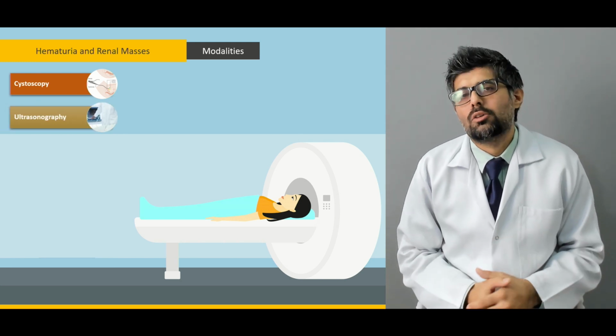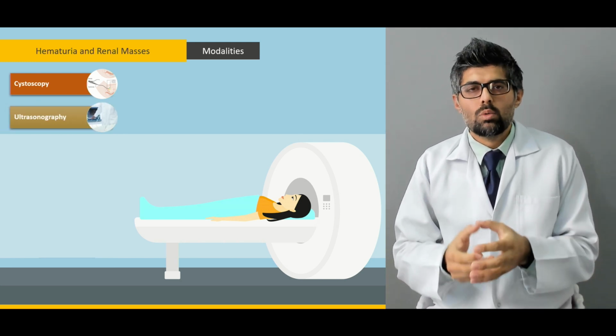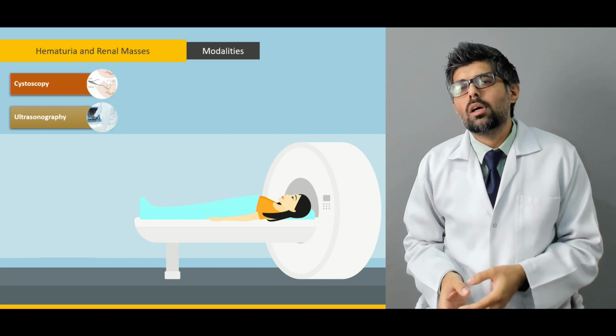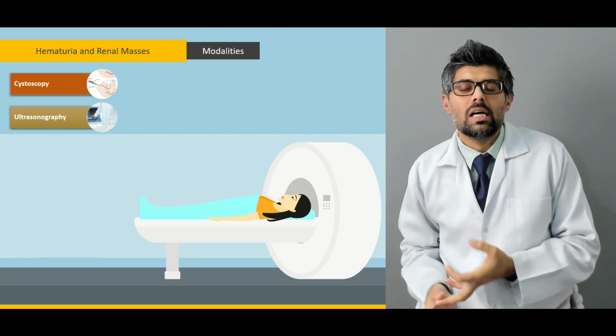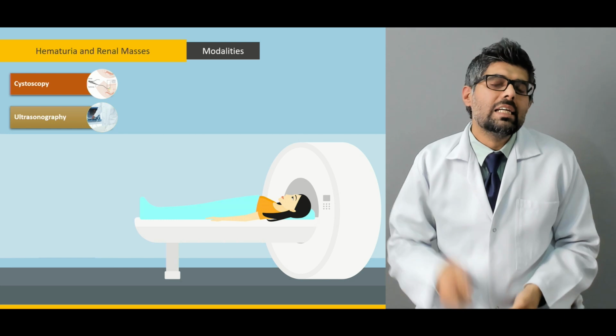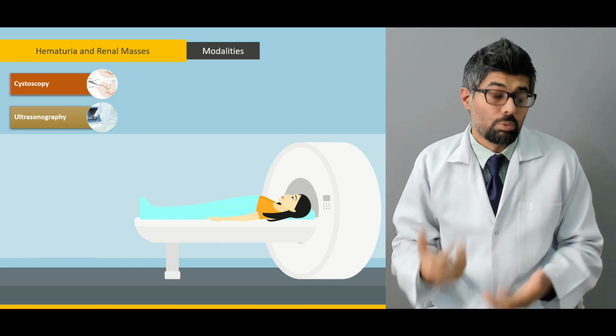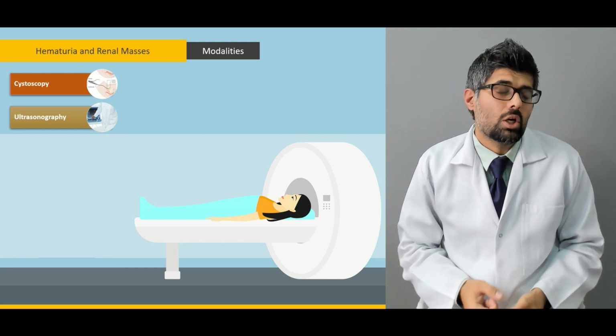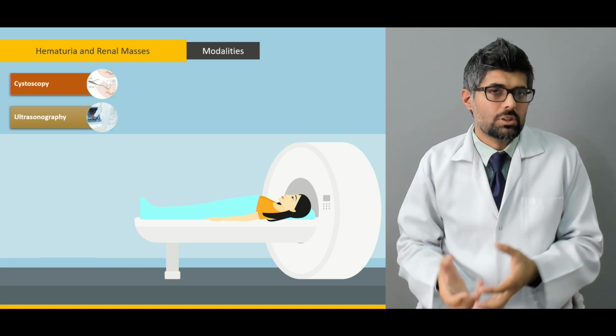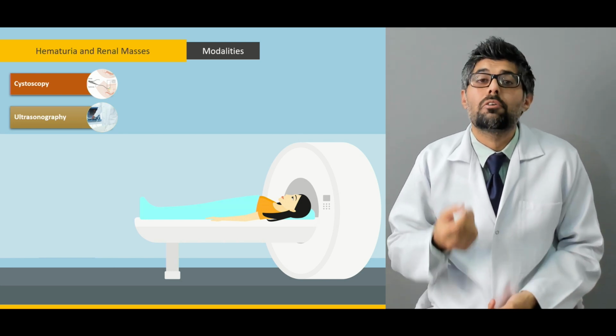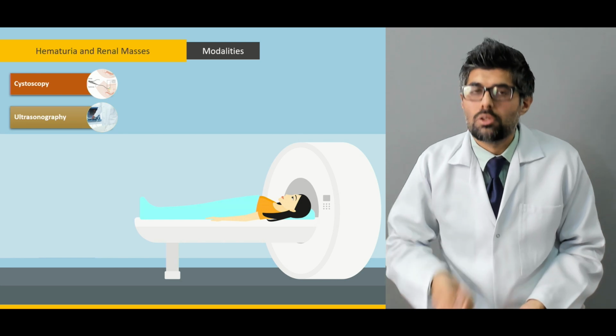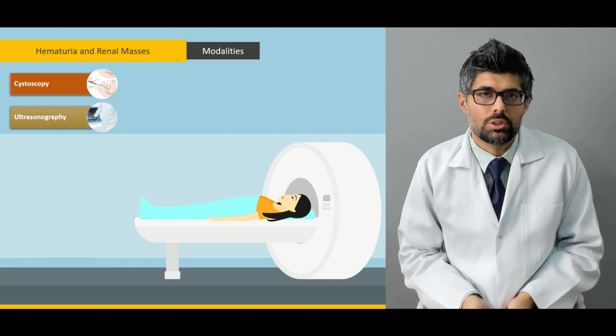Next is ultrasonography. The cause of the hematuria and renal masses can be quickly and easily diagnosed, or provisionally diagnosed, through ultrasound, which gives us a very fast and reliable initial differential diagnosis.